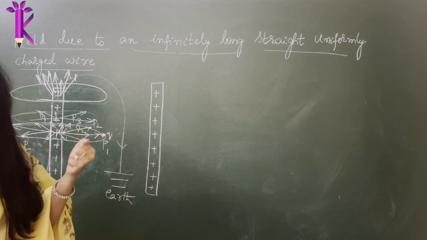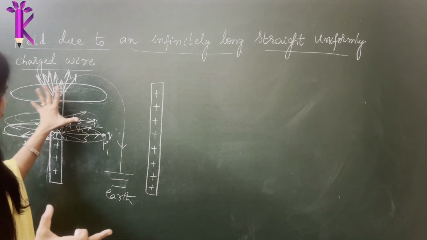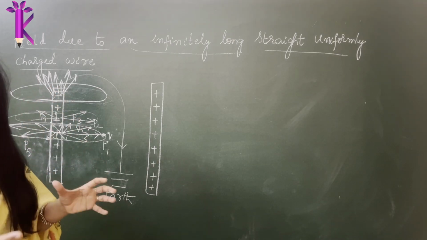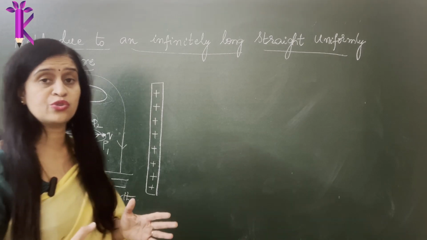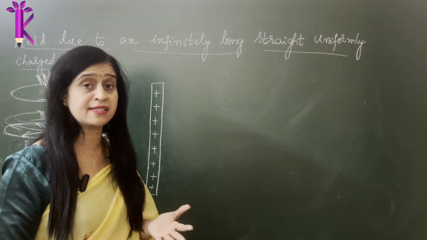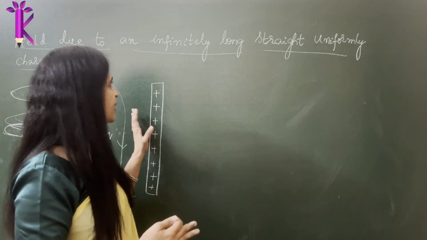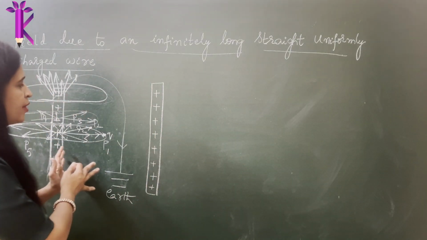You see that there is a greater force of repulsion, every charge wants to repel. So this is how it actually happens inside an infinitely long thin wire which is uniformly charged. And this we have discussed in detail even in my previous class. So this is the physical part. I hope you have understood.